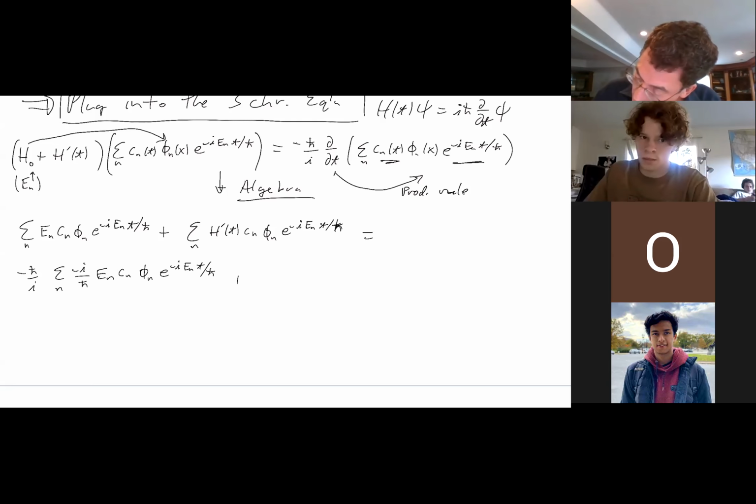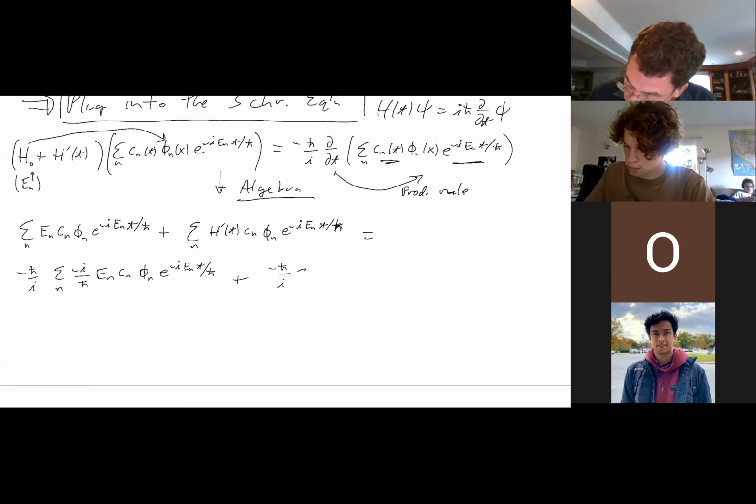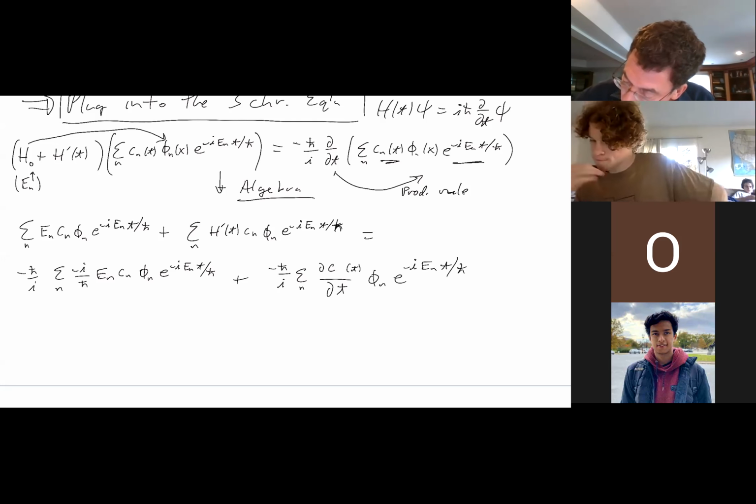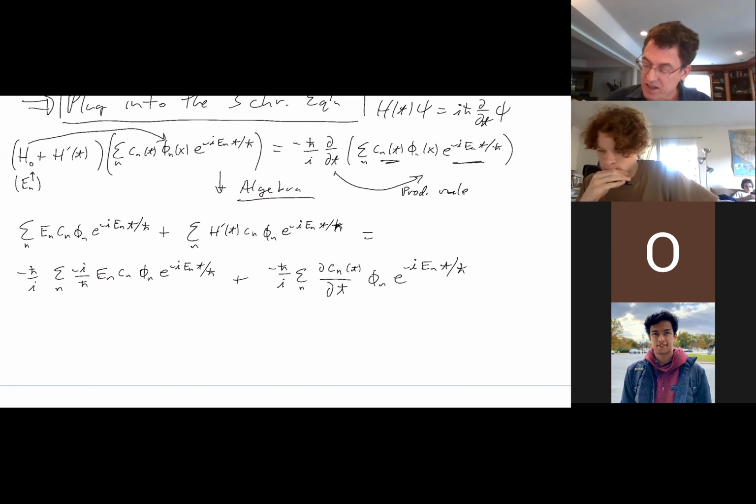Okay, that's the first one. Now let's do the second one. Negative h bar over i. Now I have to take the derivative of c n of t, d c n dt, times phi n, e to negative i E n t over h bar. Let's get that in.